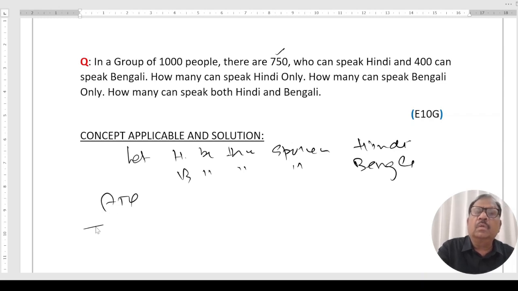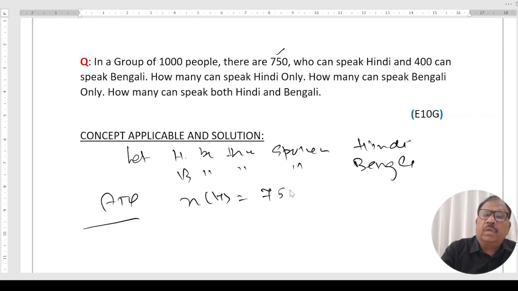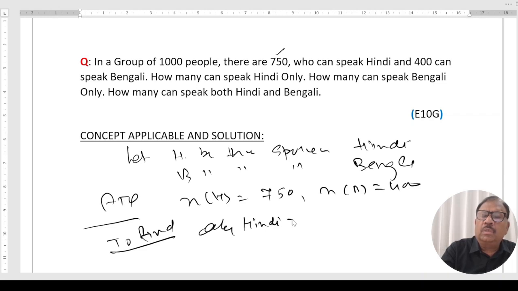According to the question, n(H) is 750 and n(B) is 400. To find: only Hindi, that is n(H) minus n(H intersection B).